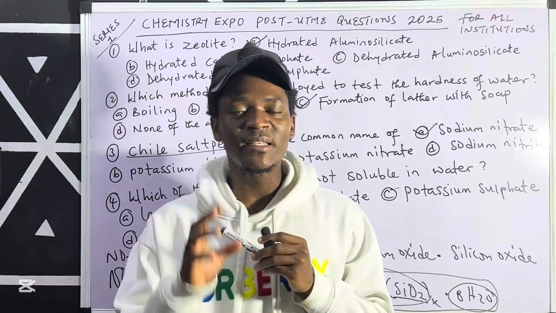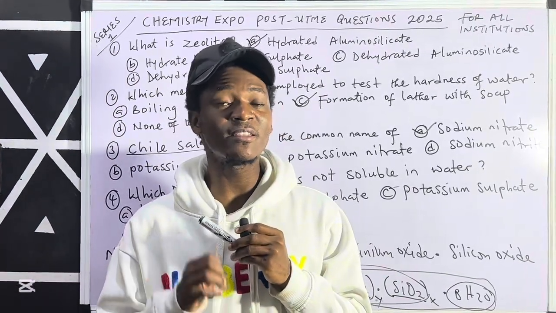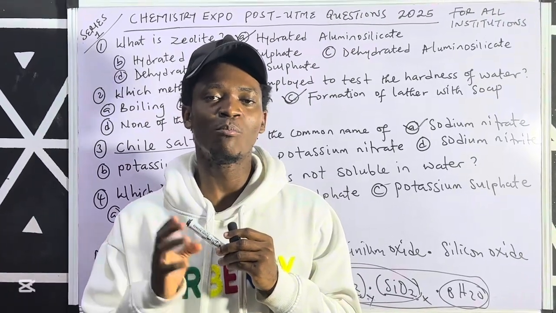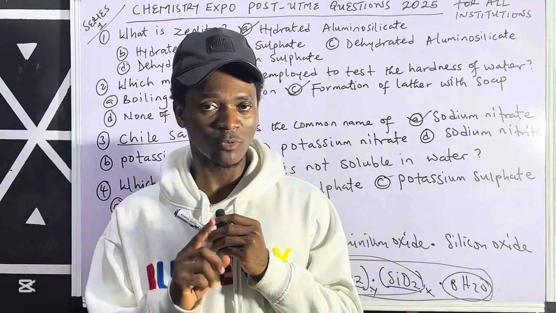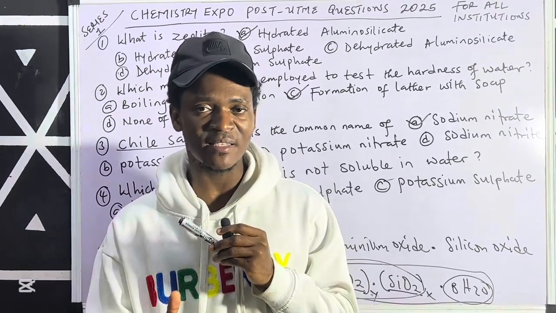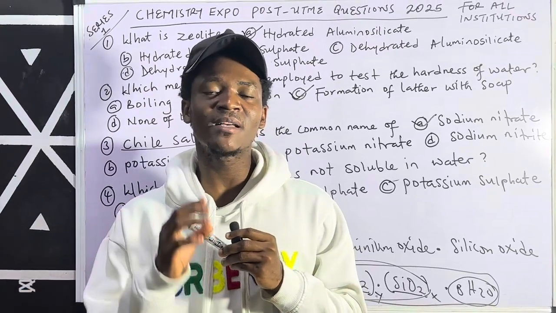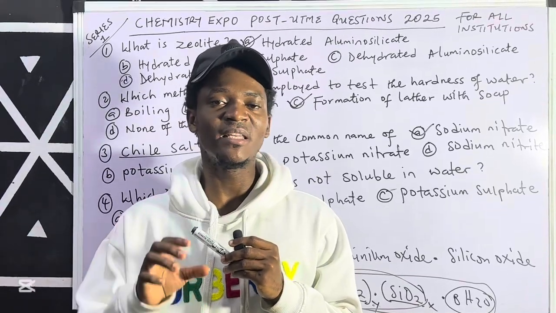Let me take your mind back to the solubility rules of salts. Especially for the sulfates, the rule has it that most sulfates are soluble salts. Take note of that. When I say sulfates, I'm talking about salts that end with SO4 in their formula.